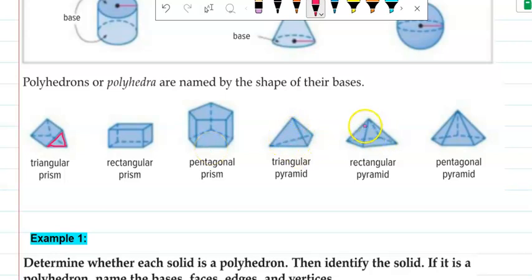All the pyramids, notice they have a bunch of triangles. They could have a triangular base, or they might have something different, like this one has a rectangular or square base, or pentagonal. The one trick is that a pyramid, depending on what the base is, will dictate how many triangles there are. Like a pentagonal pyramid will have 5 triangles coming to the point.